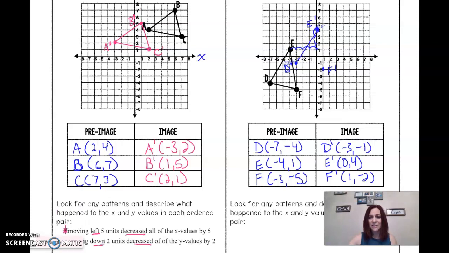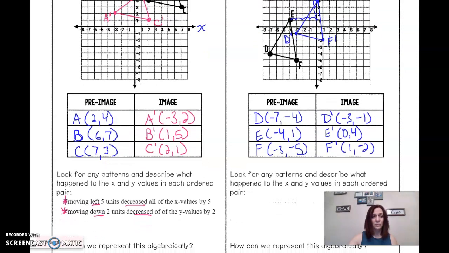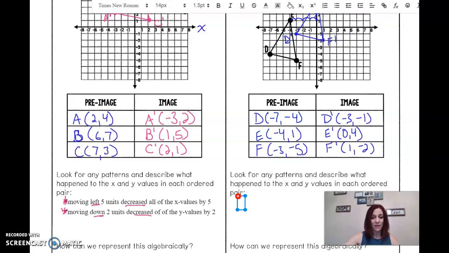And again, guys, we have to anticipate this is going to look the exact same, just slid, because that's all we did. So what happens? Well, when we moved it 4 to the right, notice our x value went from -7 to -3. So we're going to say again, moving right 4 units increased all of the x values by 4.